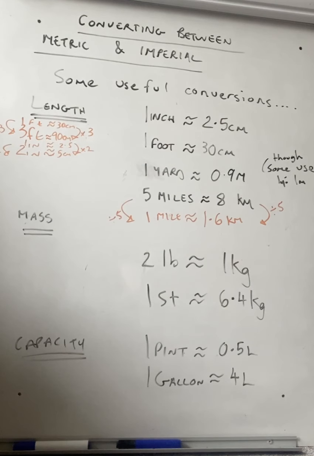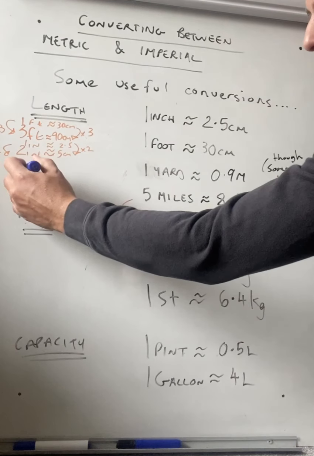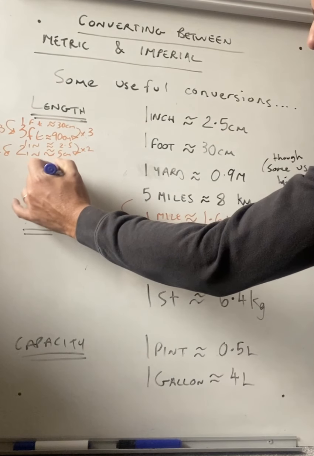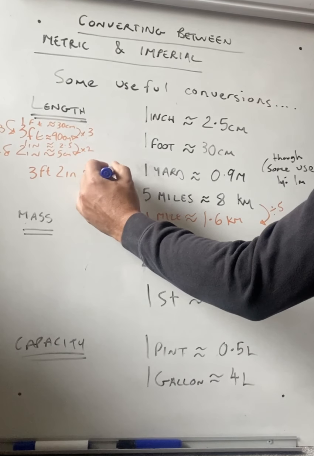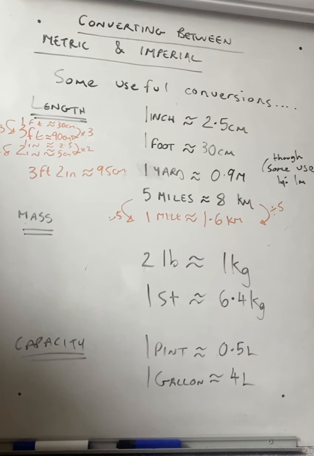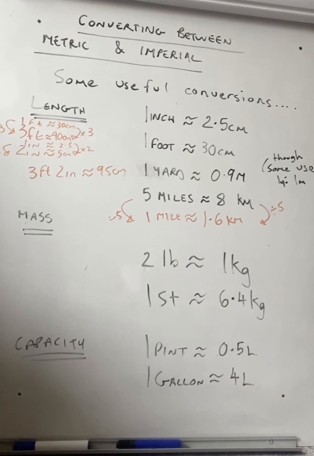So what we've now got is our 3 feet and our 2 inches. So we know that 3 feet, 2 inches is about 95 centimetres. So that's what we mean by ribboning. We do the same thing to both sides. I always think about it kind of like curving down, almost like an 8 if you do it more than once.